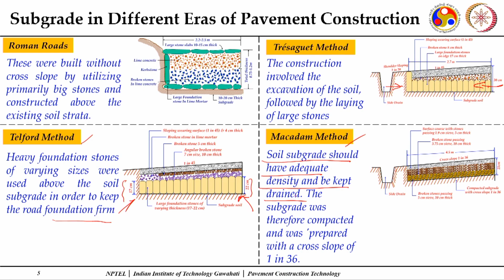So this importance of subgrade was felt by the macadam method, and therefore you can see the slope was introduced from the subgrade itself.